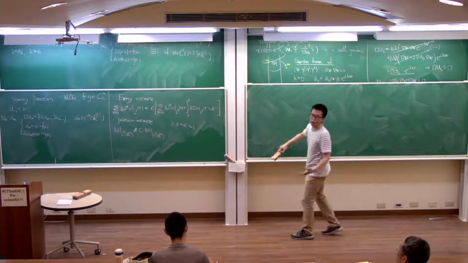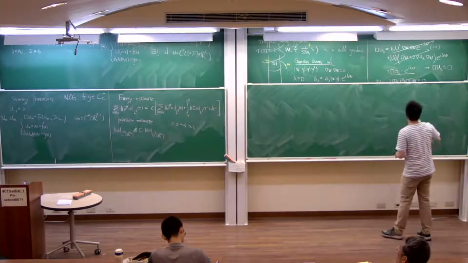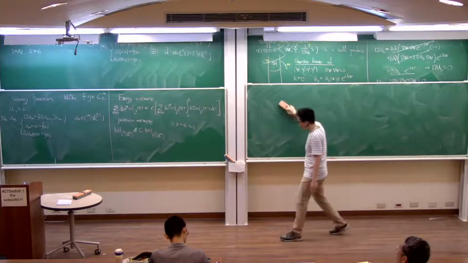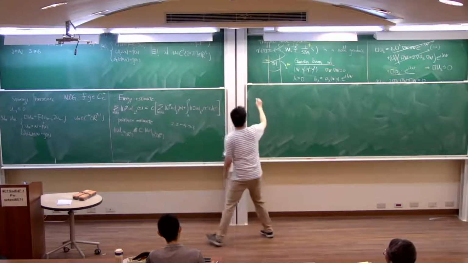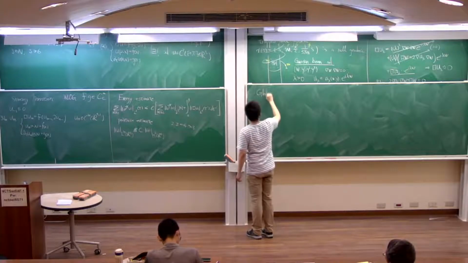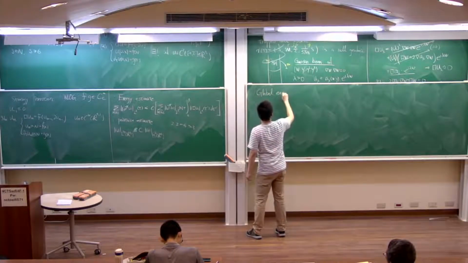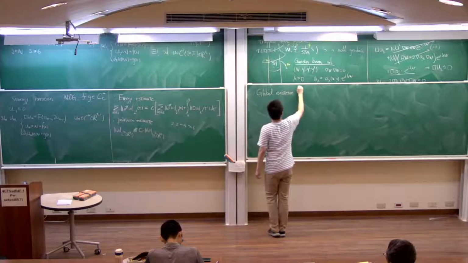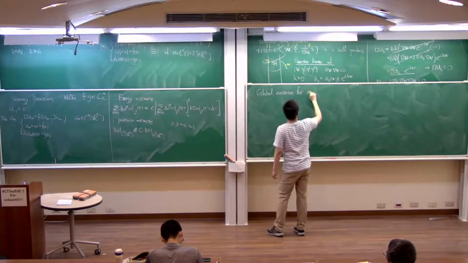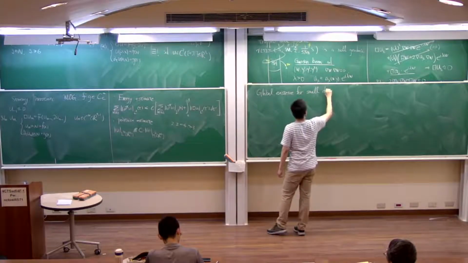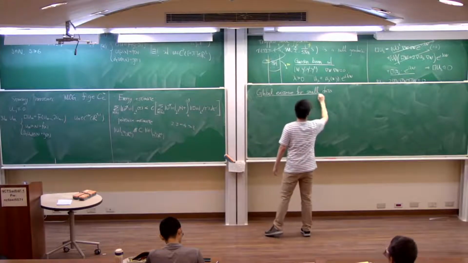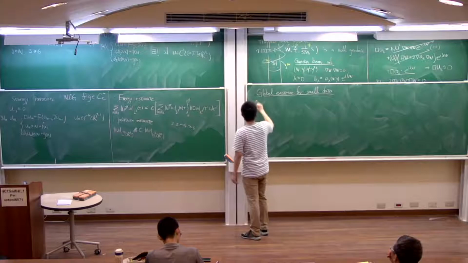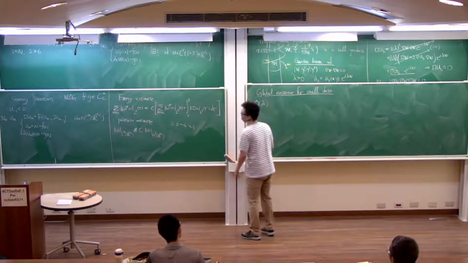So what about the global existence? Whether the solution exists globally, at least for small data. So let Q(du) be a quadratic expression.